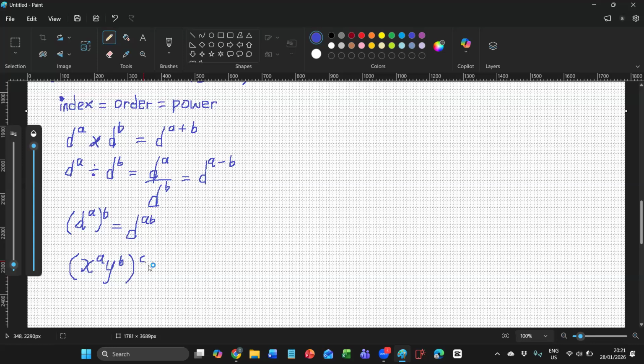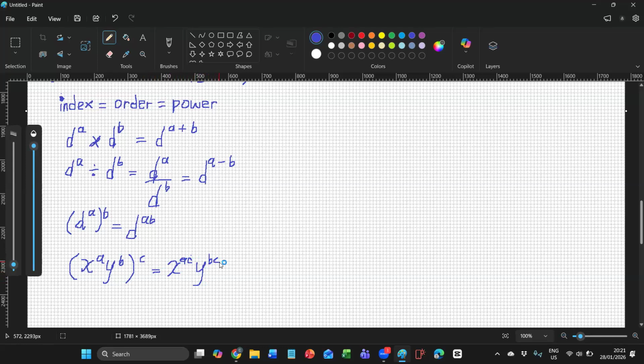C, that you can maintain the multiplication between them, but see what it is going to become. x raised to the power of ac times y raised to the power of bc.